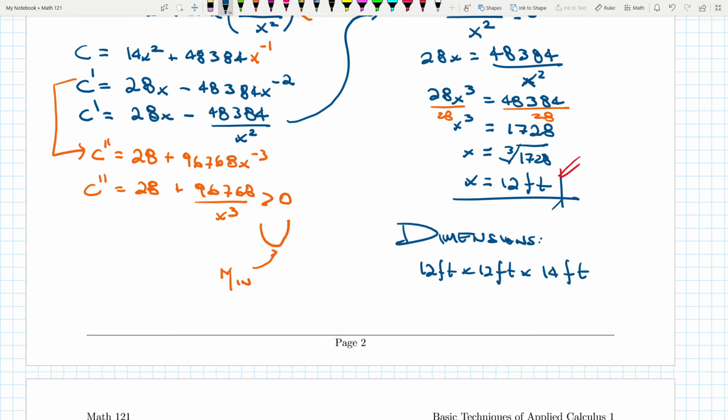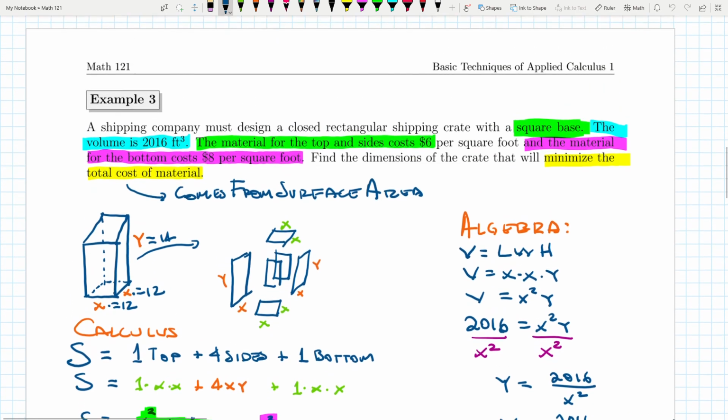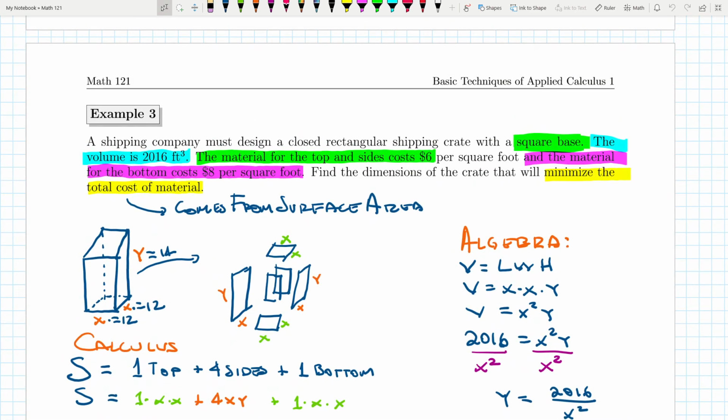These are the dimensions that will minimize the cost of building a rectangular box with a square base to hold a volume of 2016 feet cubed, for which the material for the top and the sides costs $6, while the material for the bottom costs $8.